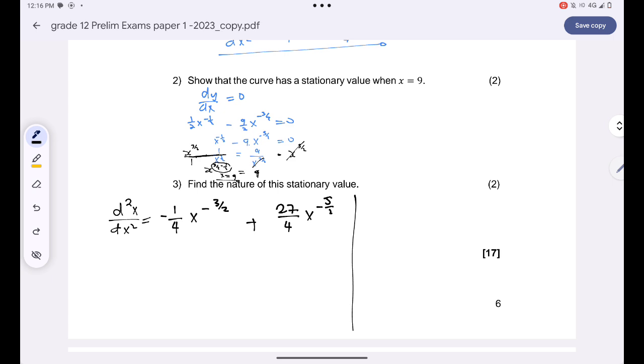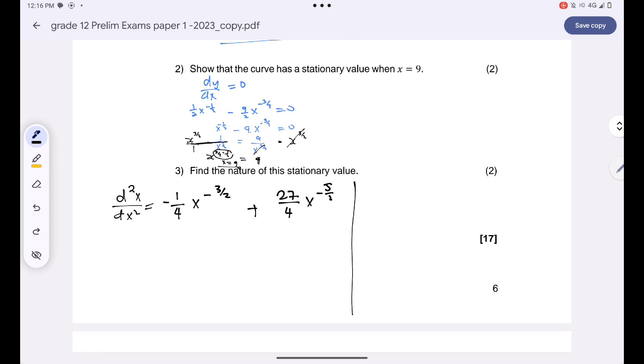I have negative 1 over 4 multiplied by the x value 9, the exponent is just negative 3 over 2, plus 27 over 4 multiplied by 9 to the power of negative 5 over 2. I'm finding a positive answer, guys.